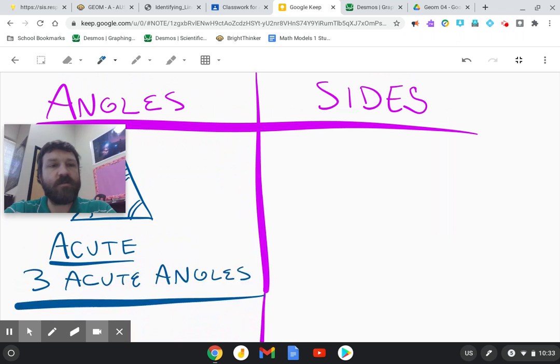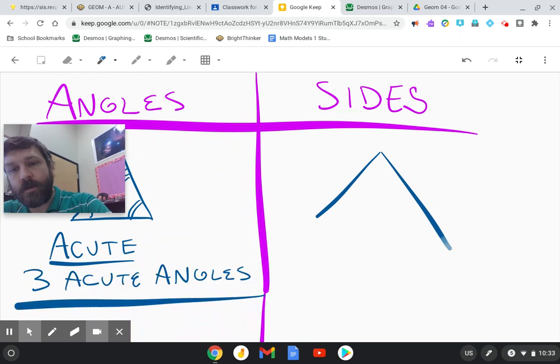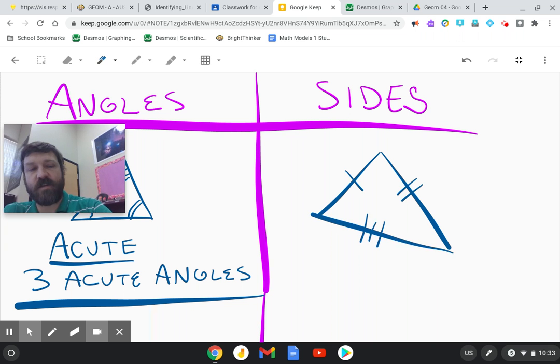Okay, so on the other side of this, we have classifications that are based on the sides. So one would be triangles that have three different side lengths. So these three sides, none of them are the same. This is called scalene.